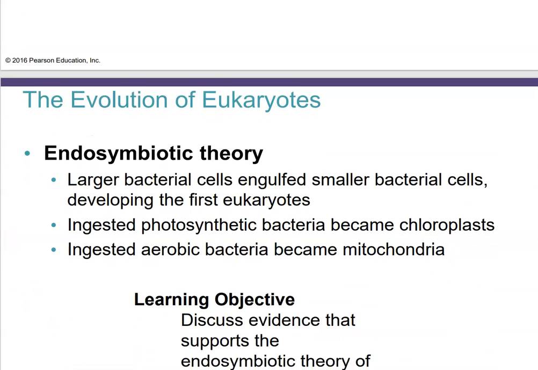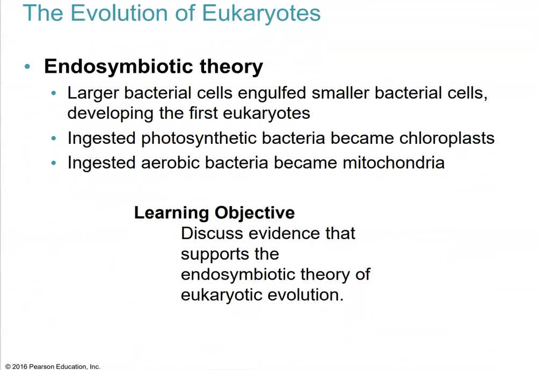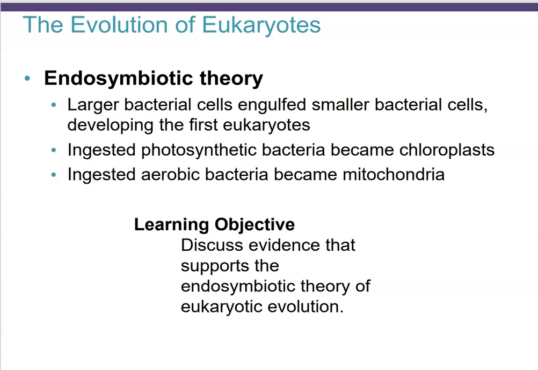And so there's this endosymbiotic theory that I touched on earlier. That means that some bacteria were taking hold in the larger compartments of the eukaryotic cells, and in exchange they sort of cut a deal and said, hey, I'm going to help you with photosynthesis, or I'm going to help you with your energy metabolism.